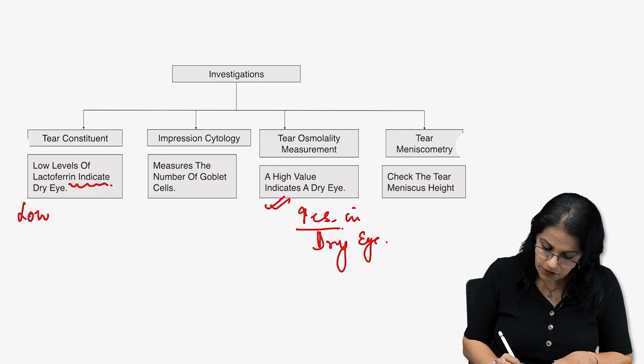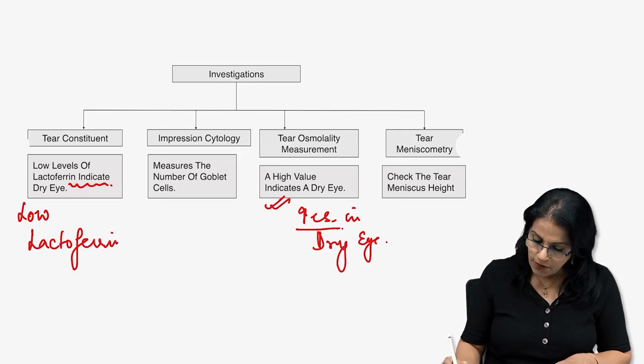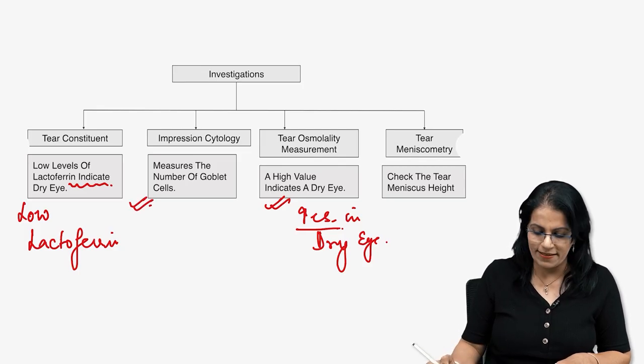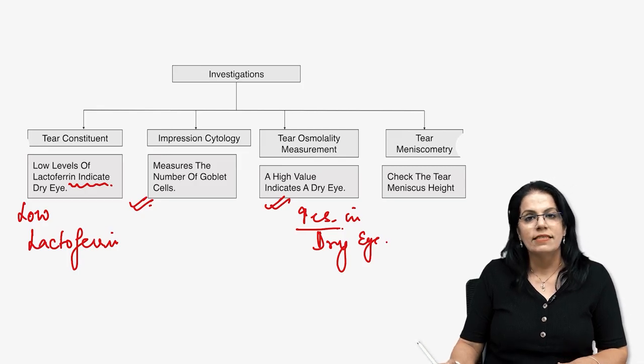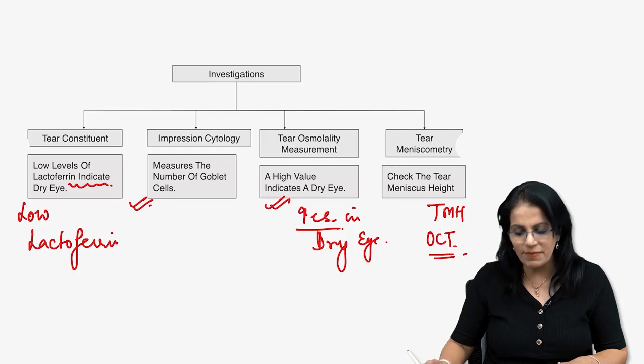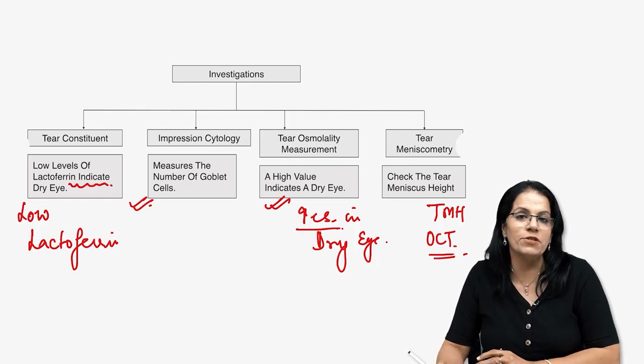So, low lactoferrin. And thirdly, what you can go for is impression cytology to see the number of goblet cells. And yes, of course, tear meniscus height can even be measured through optical coherence tomography. This is tear meniscometry. So, these are some further investigations that can be done in a patient of dry eye.